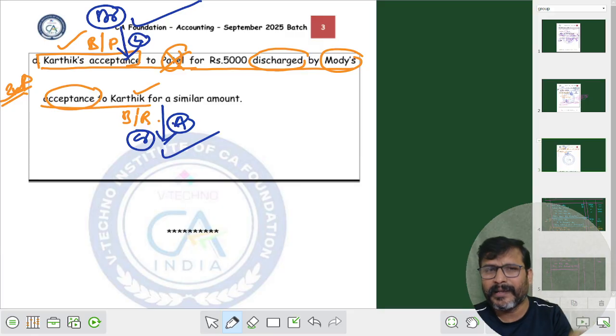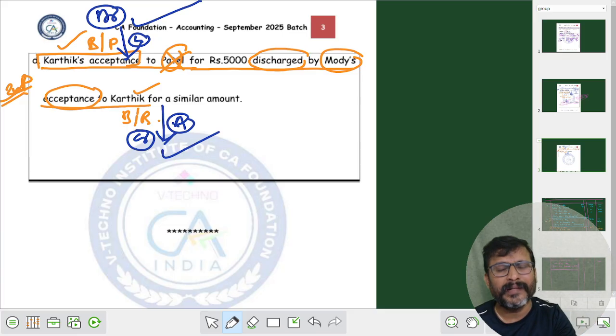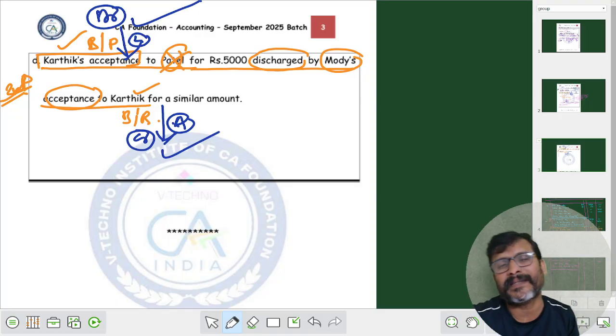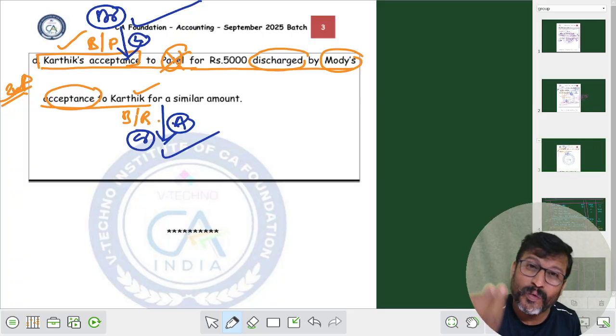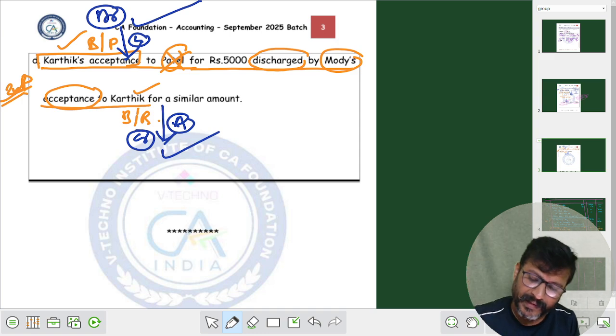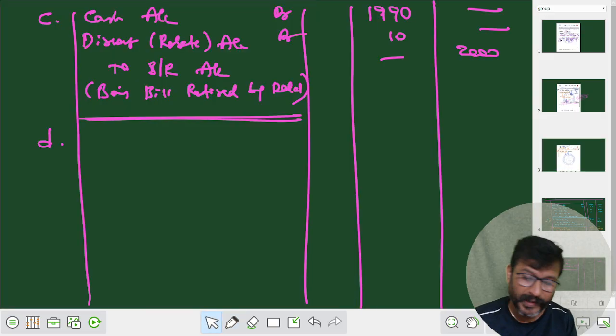Please remember, Karthik acceptance to Patel discharged by Mody's acceptance to Karthik. Karthik acceptance is a BP. It is discharged, BP decreased, is being discharged by what? Mody's acceptance, that is BR for Karthik. So just what you did, you discharged BP through BR. BP decreased, debit, BR decreased, credit, because one is a liability, another is an asset.